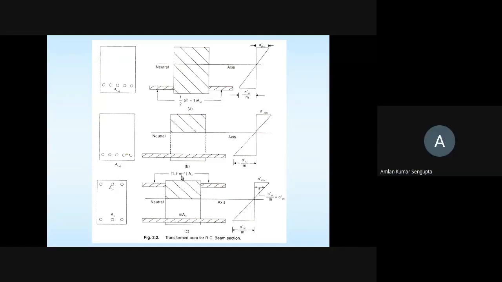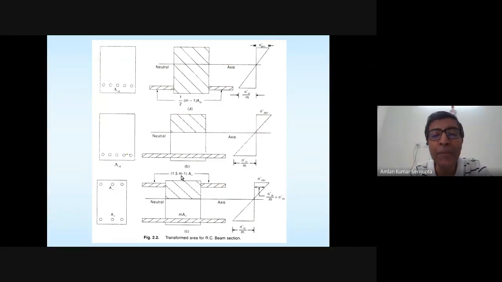Let me explain this way. With time, concrete creeps, means it deforms. I can put this in another way: the stiffness of concrete gets reduced. That means the Ec of concrete, the modulus, gets slightly reduced with time. Now, if the modulus of concrete gets reduced, then the modular ratio, which is the modulus of steel divided by the modulus of concrete, should increase.